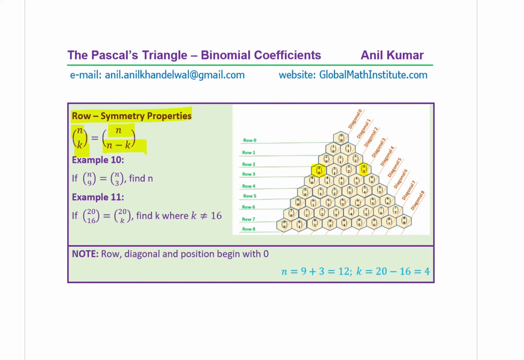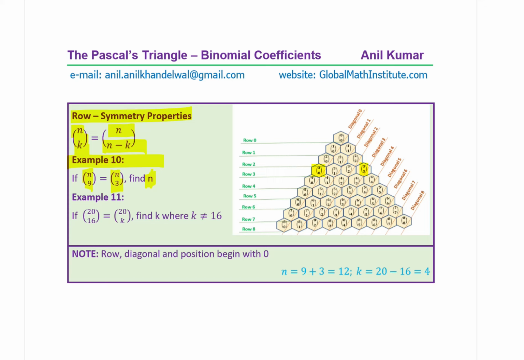The values positioned from the left side and from the right side are symmetrical, and that is the major property. Correct. Using this property, we have a question for you. You can always pause this video, answer the question, and then move on. If nC9 equals nC3, find the value of n.